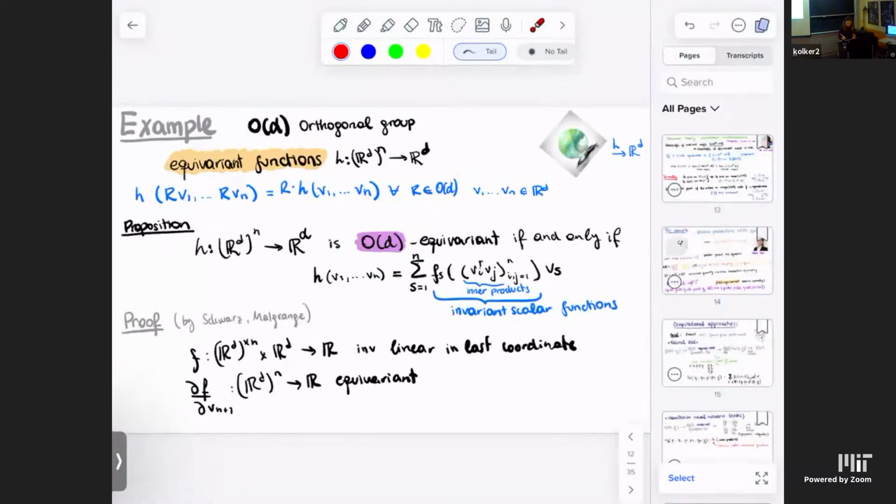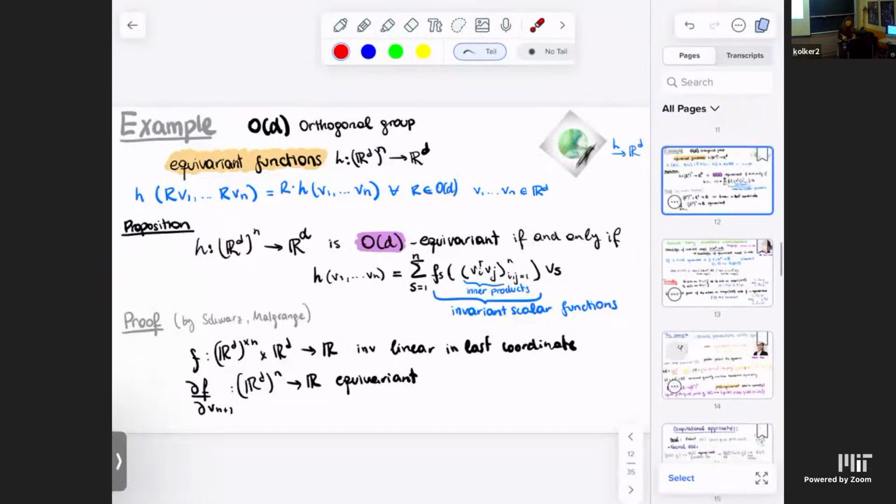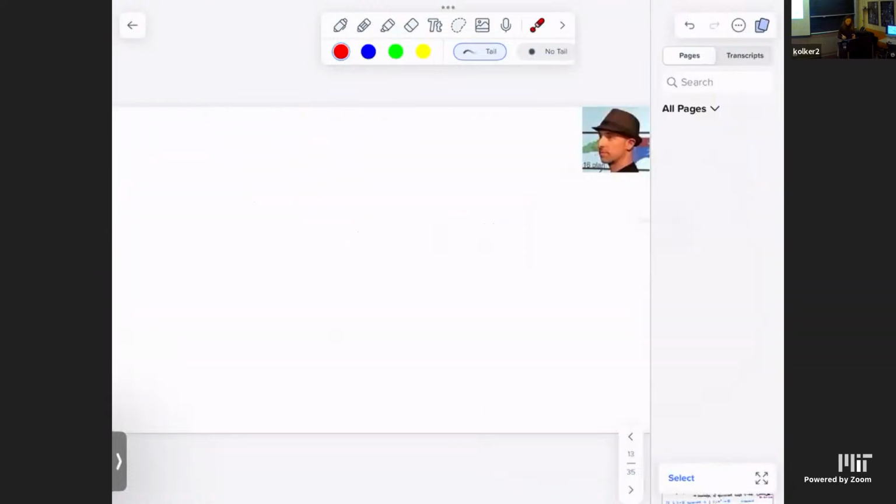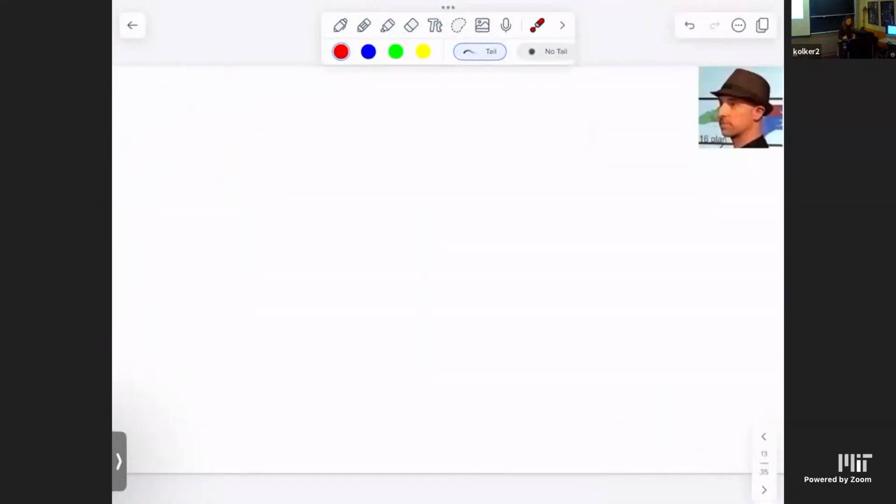So what is the analog of this proposition for R^D to the N to R^D for SOD instead of OD?